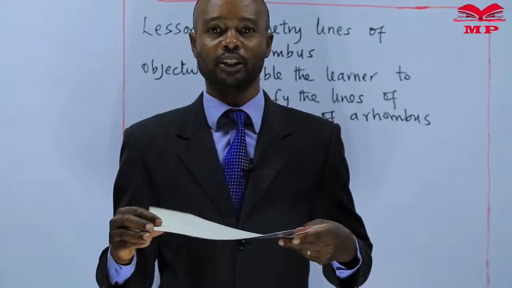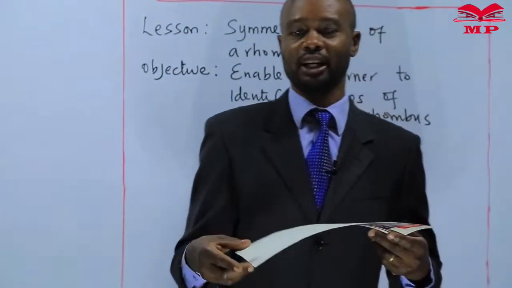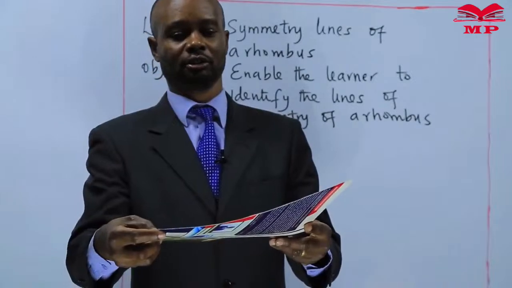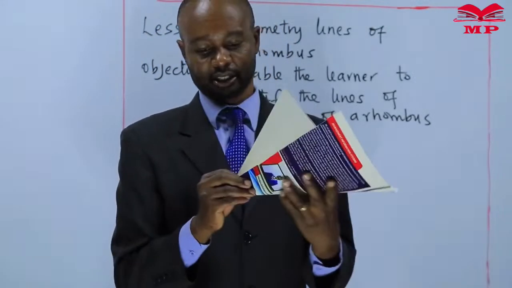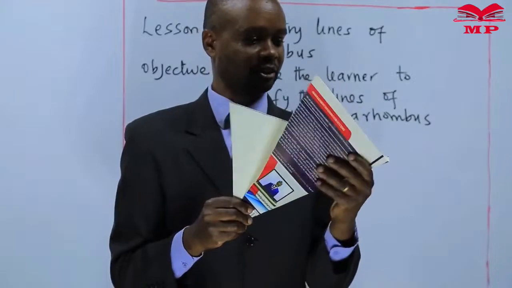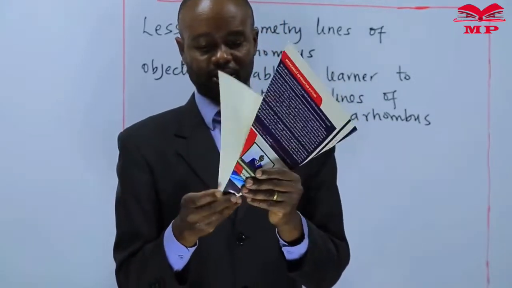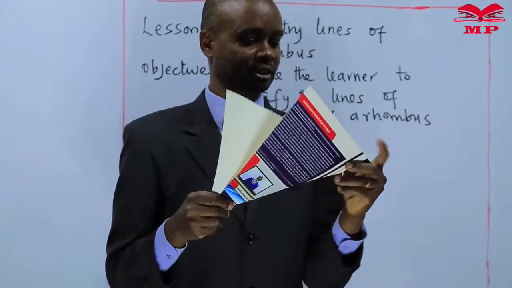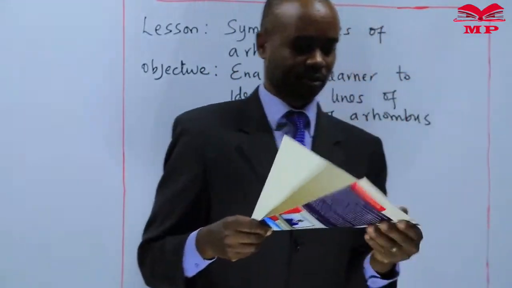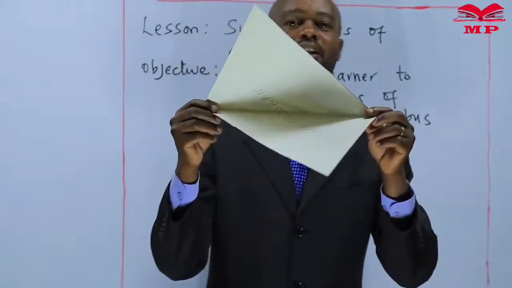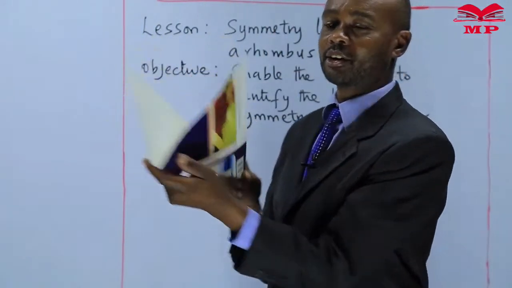When you fold, one part should map exactly onto the other. Let's fold along one of the diagonals of a parallelogram. Does it map exactly? Yes or no? A big no, isn't it?